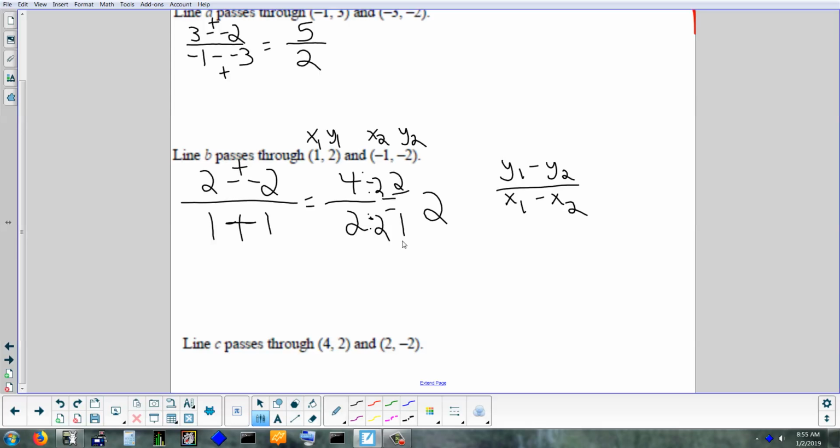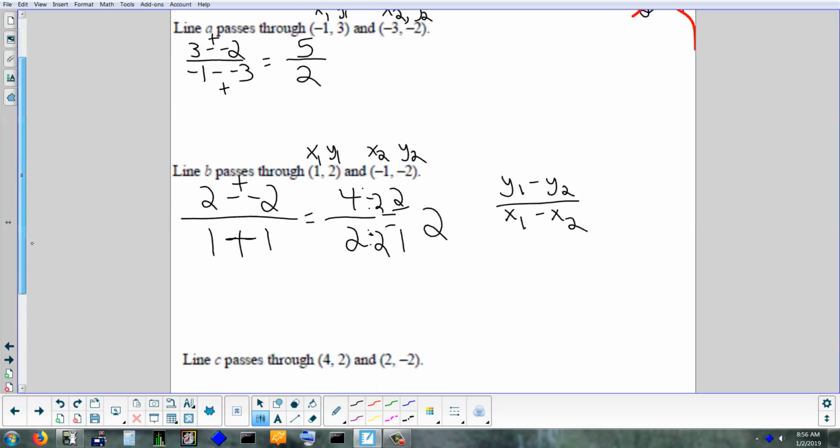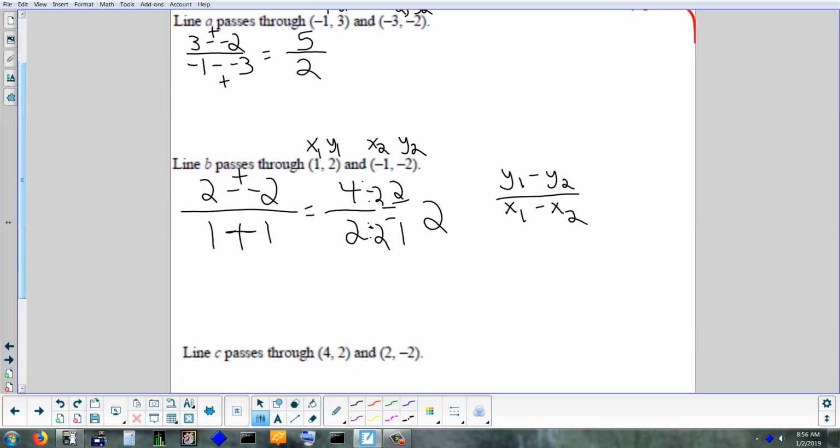So for this, we could get 5 over 2. We could get 2. Any one of these 3 lines may not be parallel. We don't know. So let's see what we got. We already got our formula. But what do you know about A and B? Do you think they're parallel? Well, they might be. Why, guys, why can't these 2 lines be parallel?